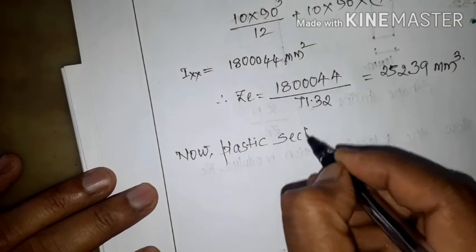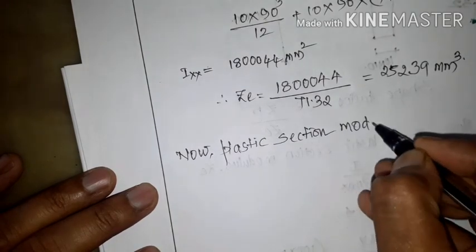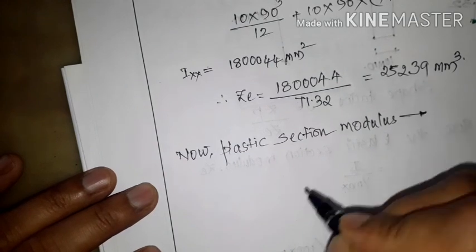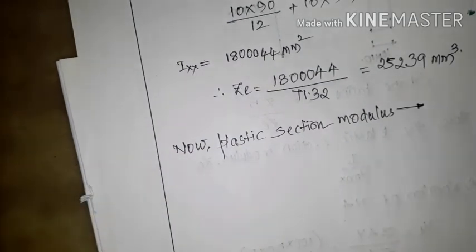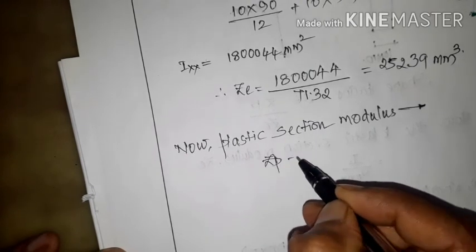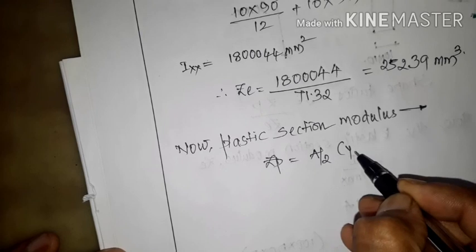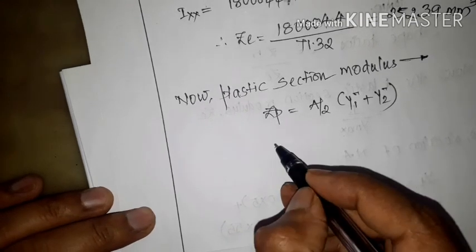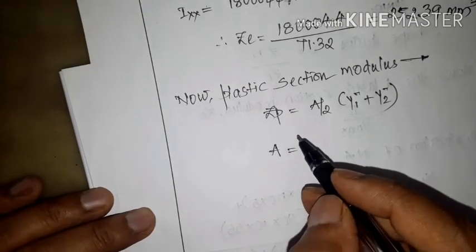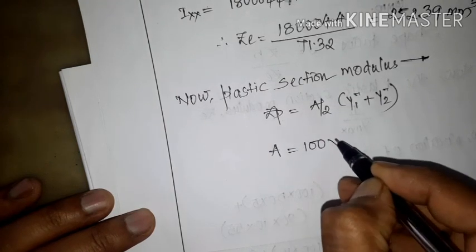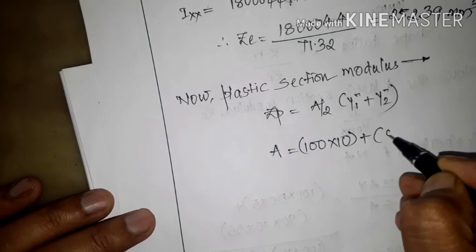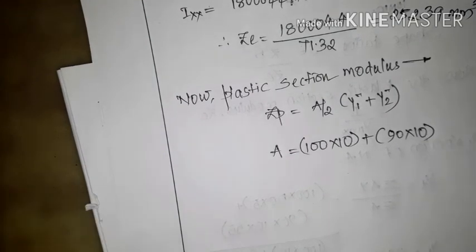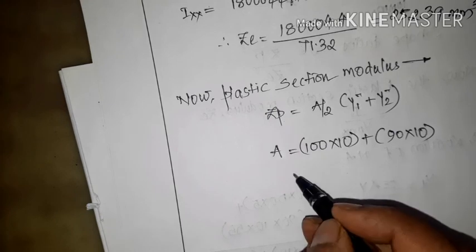ZP is equal to A by 2 into Y1 bar plus Y2 bar, where area is equal to 100 into 10 plus 90 into 10.